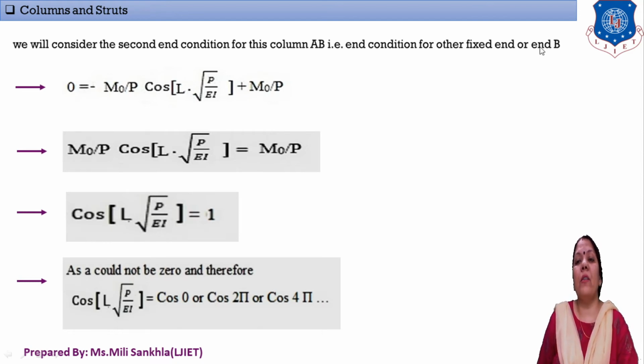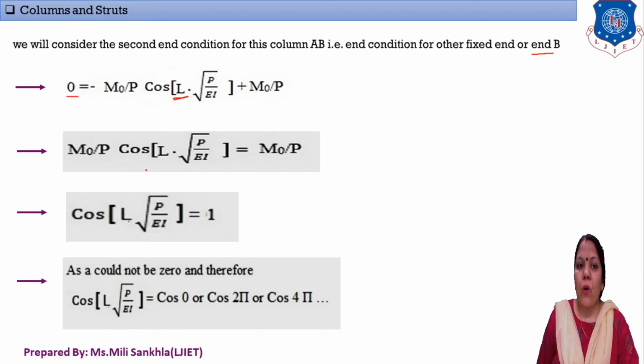Now we apply the second boundary condition at B point. At this B point our value of y is also 0, and the value of x is equal to L. At B point y is equal to 0 and x is equal to L. Now we apply the boundary condition at B point: -M0/P cos(x√(P/EI)) + M0/P = 0, but x is equal to L. Now one by one, shift this negative term from right to left, that means it is converted into positive.